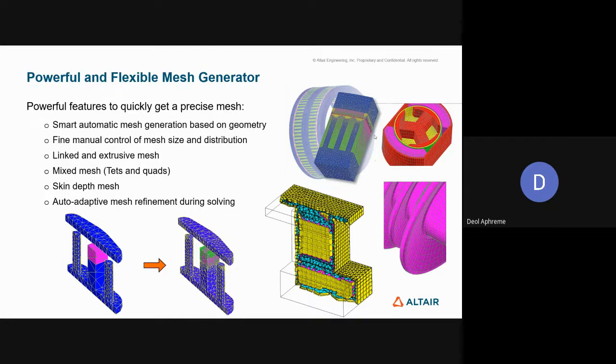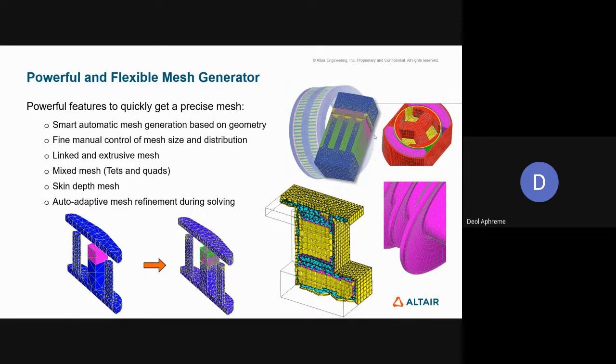So if there is a small gap between two objects, the algorithm identifies that gap and gives very fine elements in that region. So this can also be done. We also have an automatic option, we also have a customized option, and we also have a neutral option where you can set the coefficients of automatic mesh as well. So all sorts of meshing is possible in Flux.